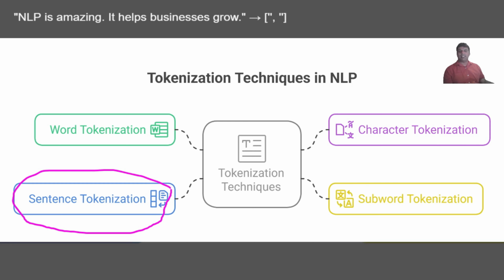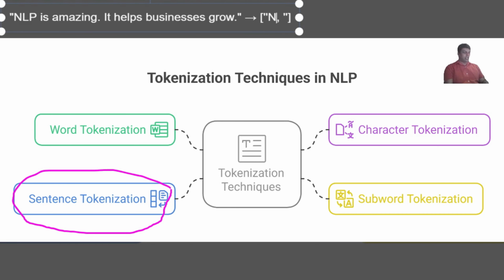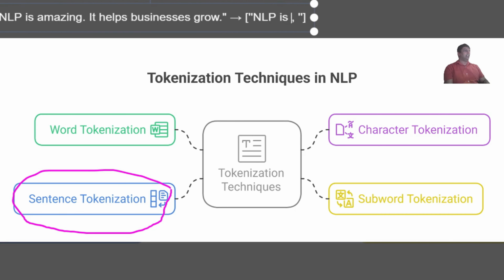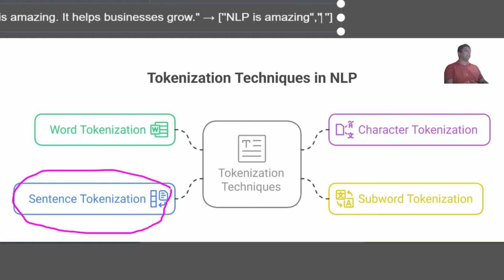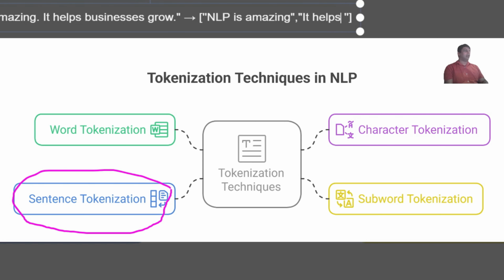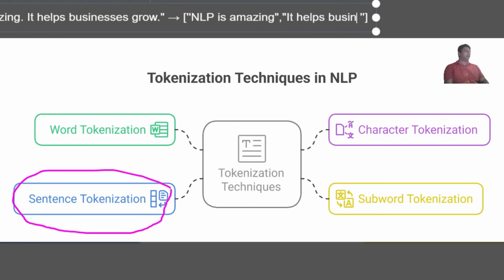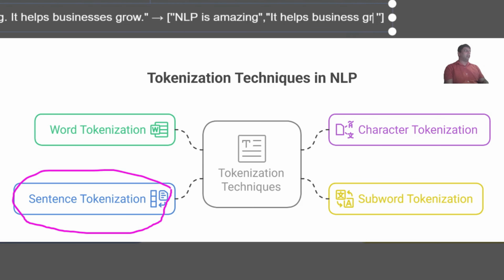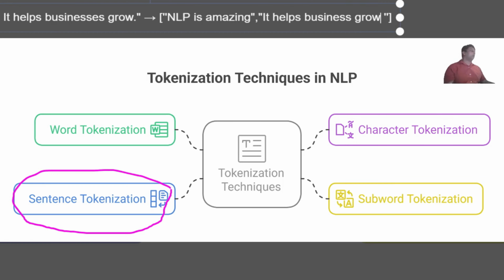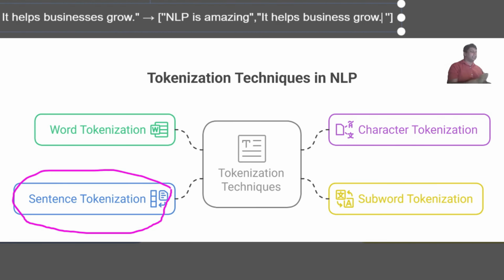So sentence tokenization tokenizes based on the full stop, like two different sentences. The first would be: NLP is amazing. The second would be: it helps business grow. So based on the two sentences, it tokenizes.